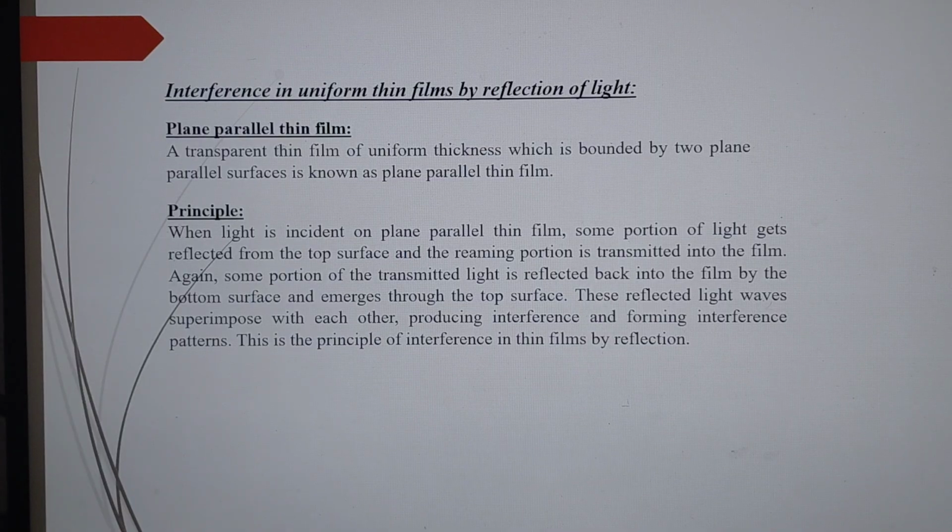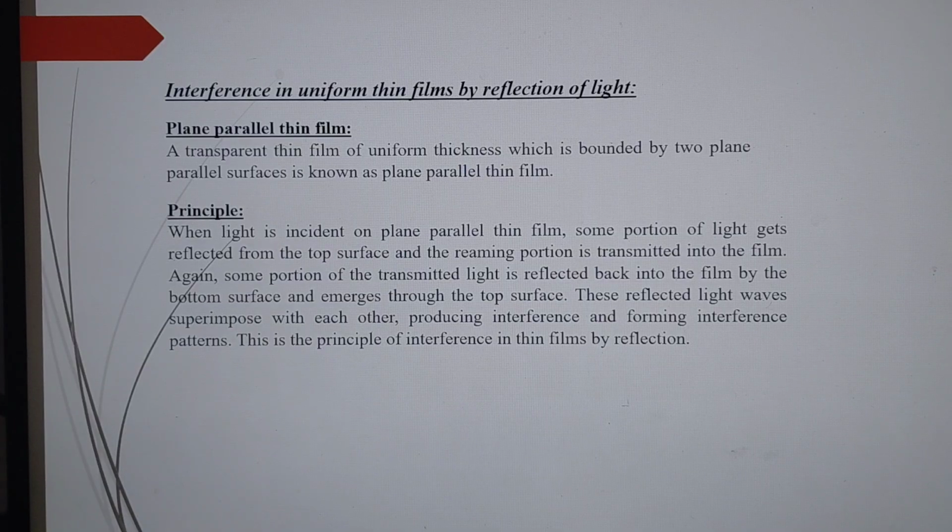Next, what is the principle? When light is incident on a parallel thin film, some portion of the light will get reflected from the top surface, and the remaining portion will be transmitted into the film.